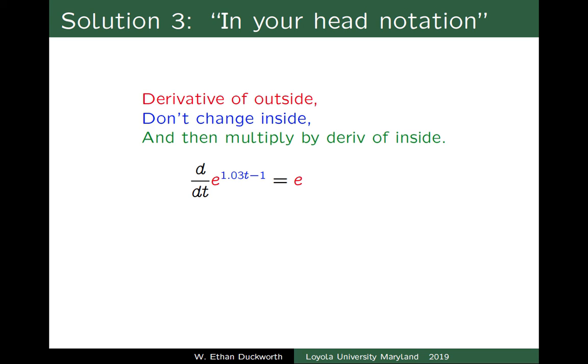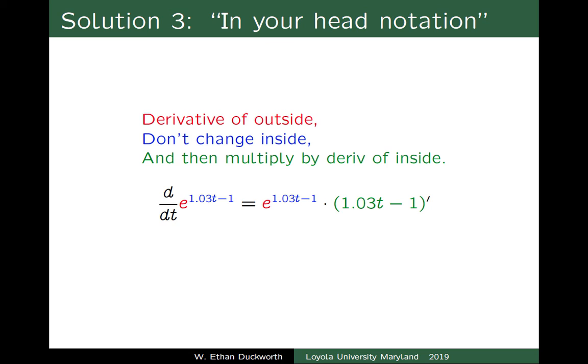What should we do to the inside? Nothing. So 1.03t minus 1. Okay, and then finally, what should we do? Multiply by the derivative of the inside. So I'm going to wait for another step to actually finish that, but I'll start by just putting it on the side with the prime, and what that prime says is you still need to take the derivative, but this is where it's going to go.